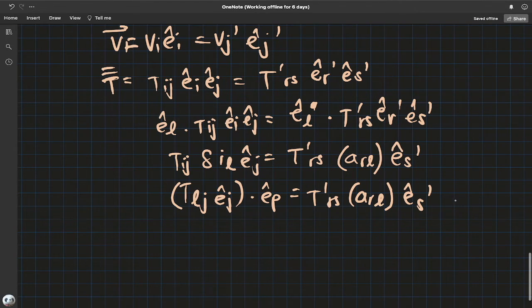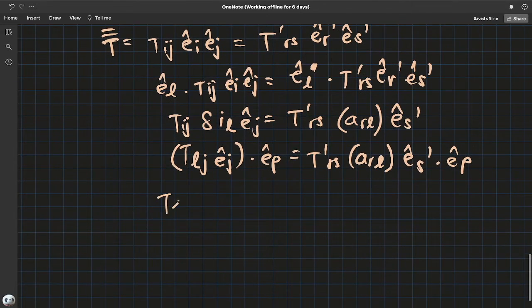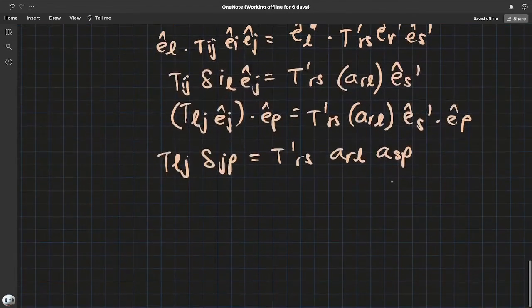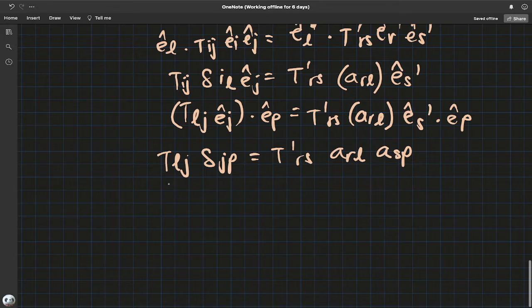There's just one basis vector here. So here we get t sub lj, Kronecker delta jp, t prime rs, a sub rl, a sub sp, if I'm not wrong. And if you want to represent this in a better way, just contract over the index again, a sub rl, a sub sp.